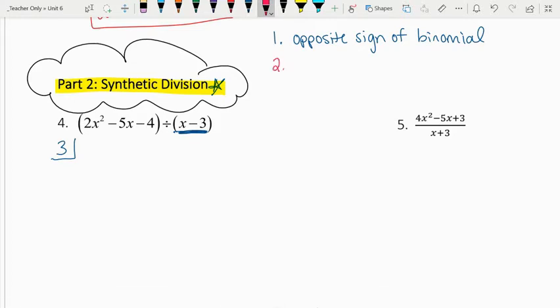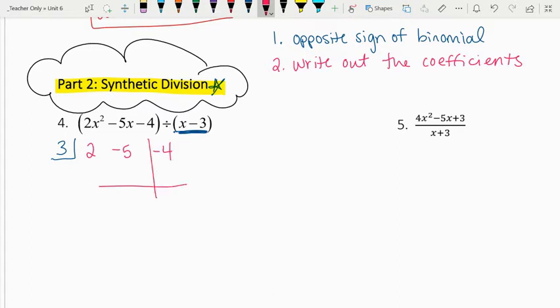Our second step is to write out the coefficients. Okay, so we are going to take the 2, the negative 5, and the negative 4 and just write them out. All right, then I make these railroad tracks here.